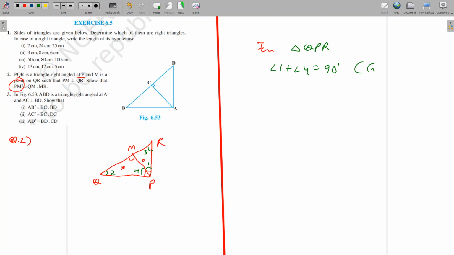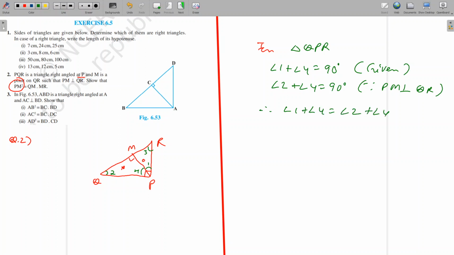Then we have angle 2 plus angle 4 equal to 90 degree, because PM is perpendicular to QR. Therefore, angle 1 plus angle 4 is equal to angle 2 plus angle 4. So cancelling angle 4 both sides, we get angle 1 equal to angle 2.